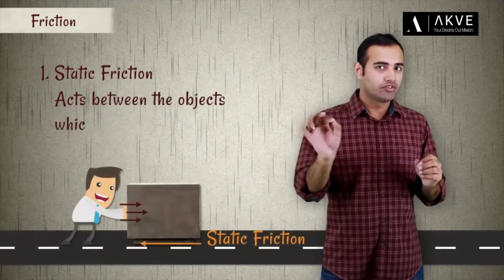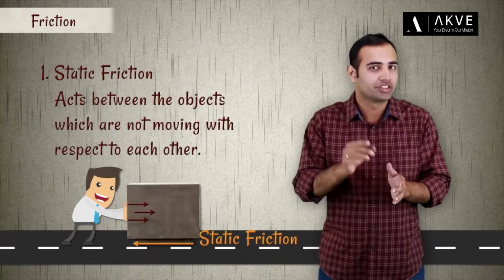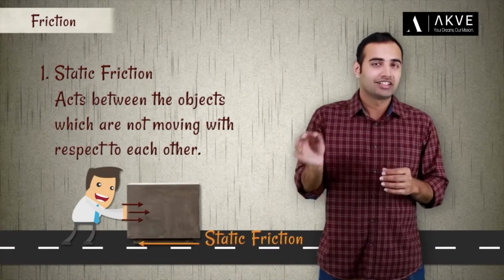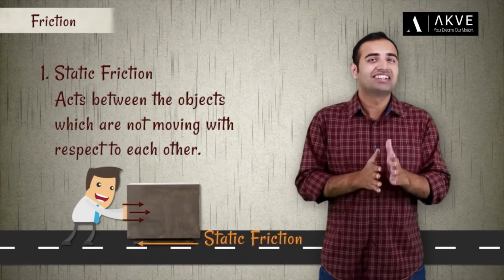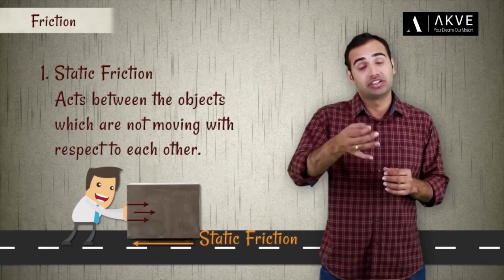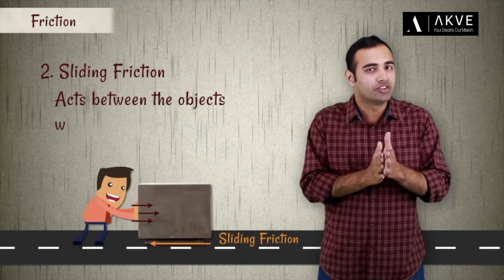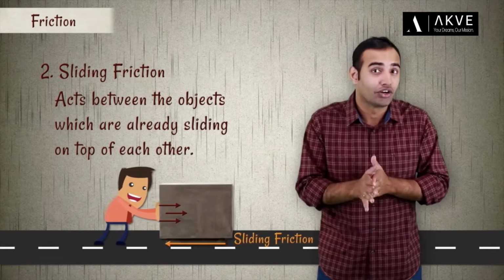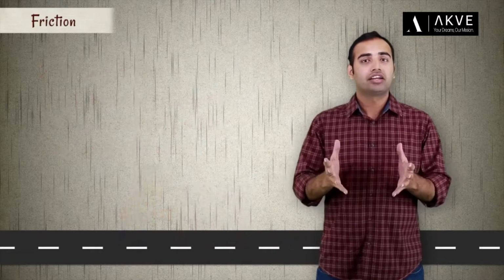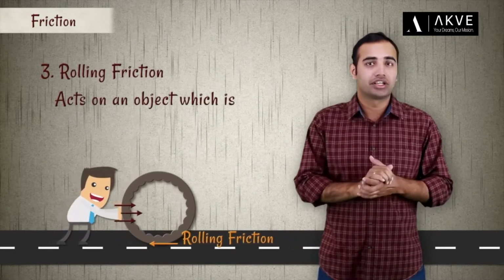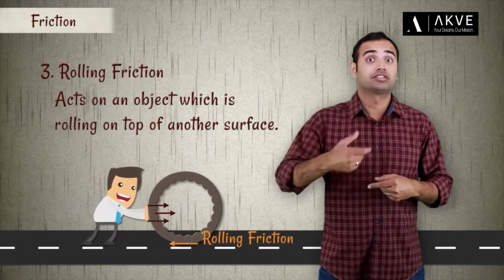Static friction acts between the objects which are not moving with respect to each other. Therefore, static friction only opposes the tendency of relative motion between the objects in contact. On the other hand, sliding friction acts between the objects which are already sliding on top of each other. And finally, rolling friction acts on an object which is rolling on top of another surface.